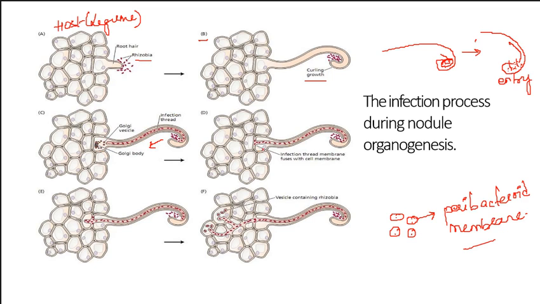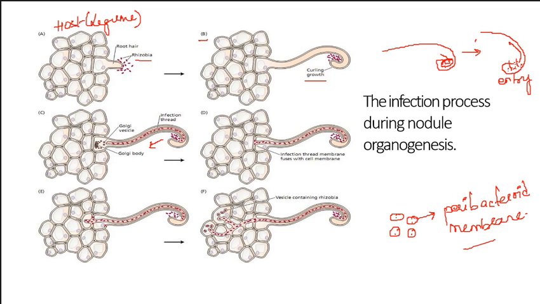Once they have taken entry into the cortical cells, what will happen? When the infection thread passes to the cortical cells, it will fuse with the plasma membrane of the cortical cells. Now when they have fused, what happens? They branch into several cortical cells. Once they branch, there is a signal from the plant to stop the division and release the bacteria.